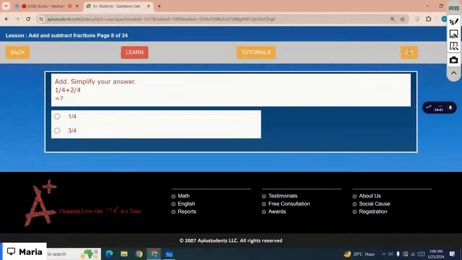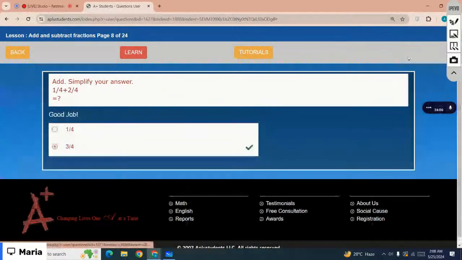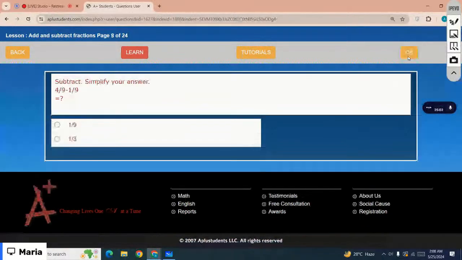Add 1 by 4 plus 2 by 4. So which is the correct option? The correct option is 3 over 4. Option number 2 is the correct option. Subtract 4 by 9, take away 1 by 9. Which is the correct option?